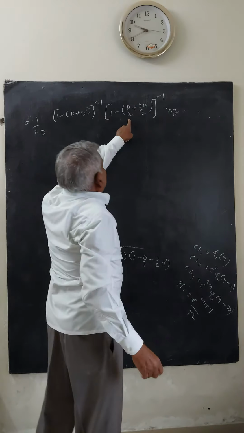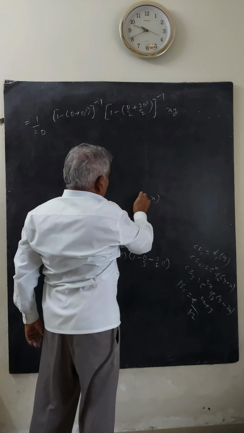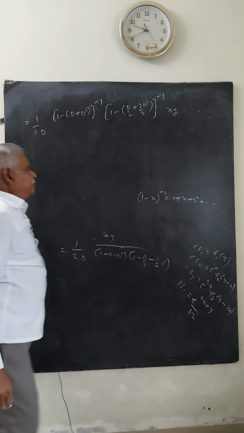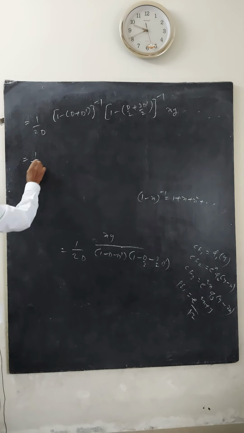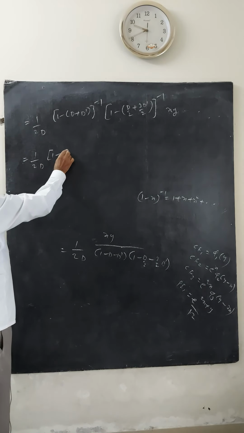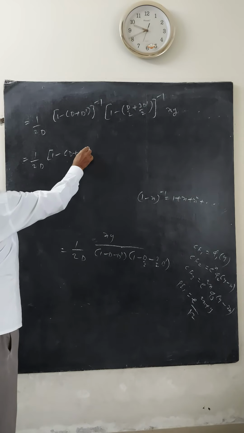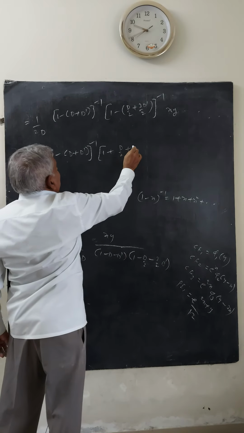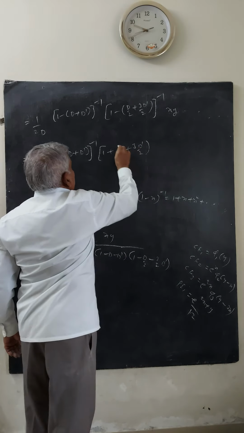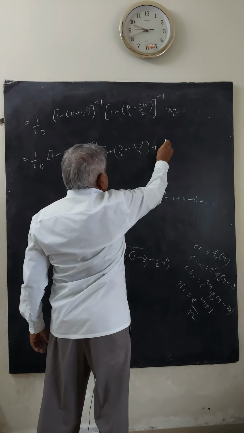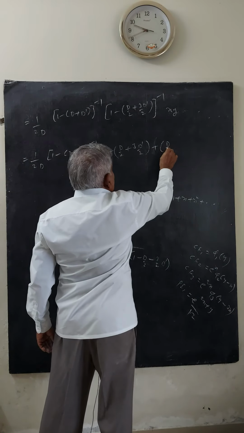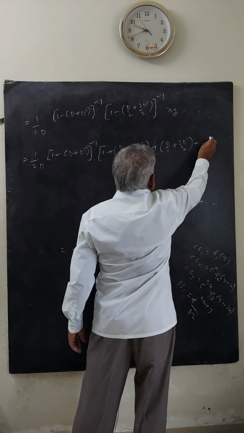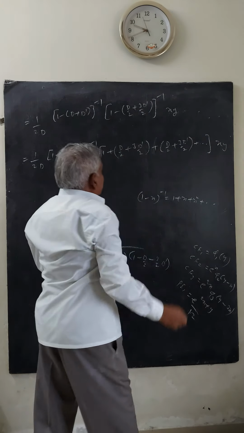Let us do binomial expansion for this: (1 - x)^(-1) = 1 + x + x² + etc. Applying this binomial, 1/2 [1 - (D + D')]^(-1) [1 + (D/2 + 3D'/2) + (D/2 + 3D'/2)² + etc.] of xy.